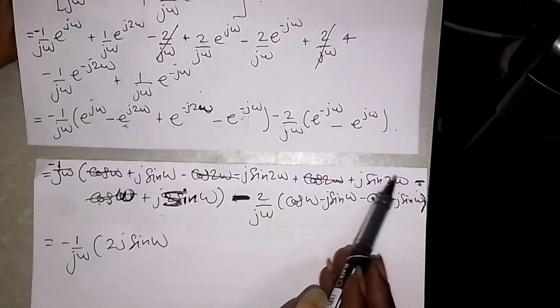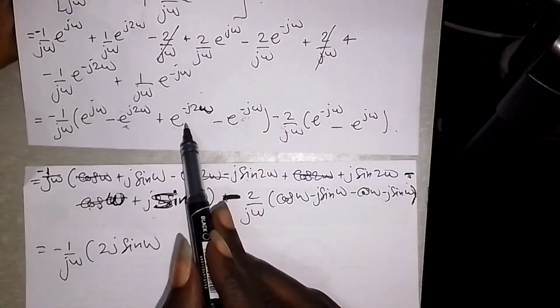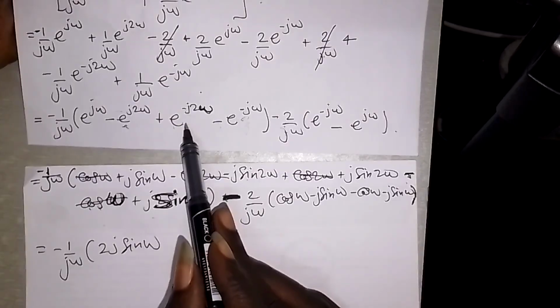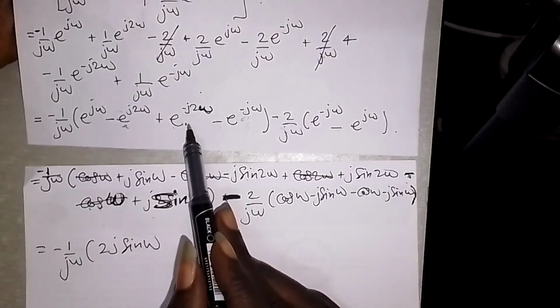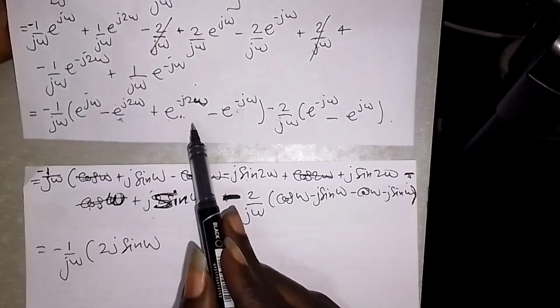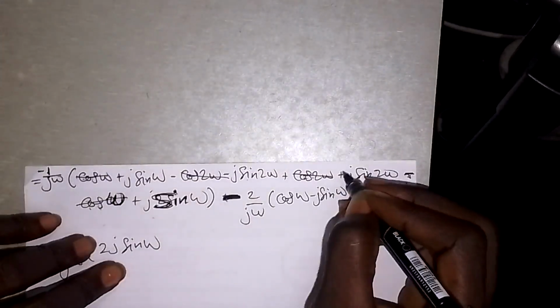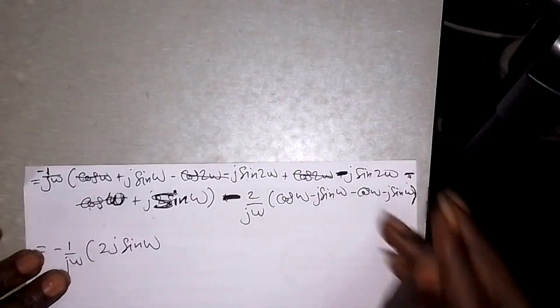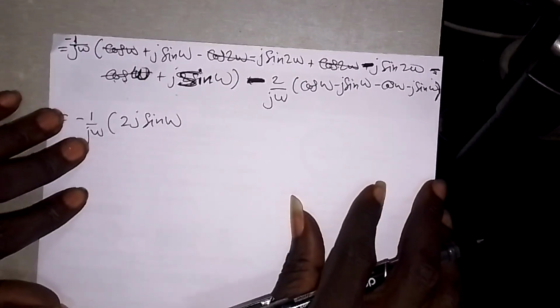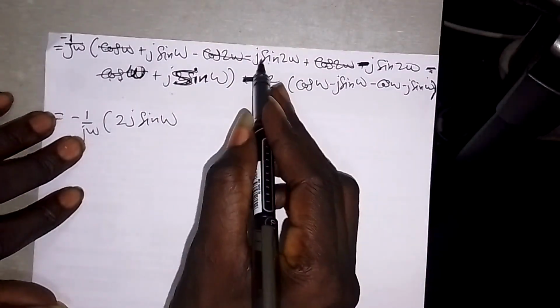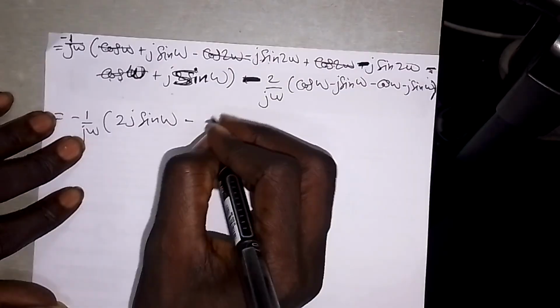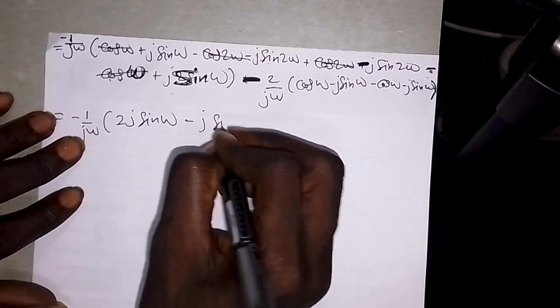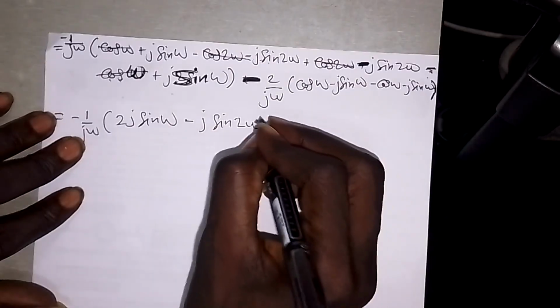I'm getting it from here, and here is supposed to be cos 2 omega minus j sine 2 omega. So this place is supposed to be minus j sine 2 omega. So here and here will give me minus j sine 2 omega.